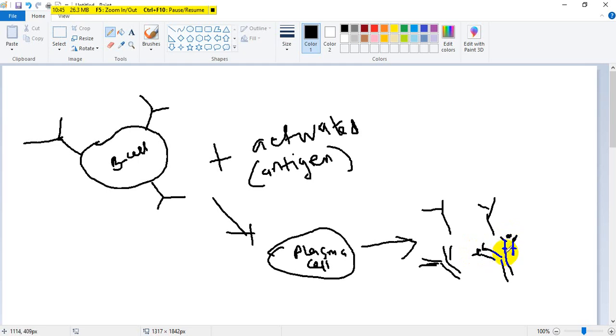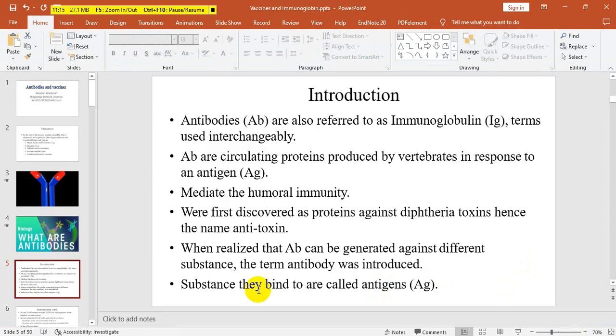The upper part, where it binds to the antigen, is called the variable region because it can open its mouth to accommodate the antigen. But from here down, these parts are called the heavy, constant regions. We will see that in our lecture.